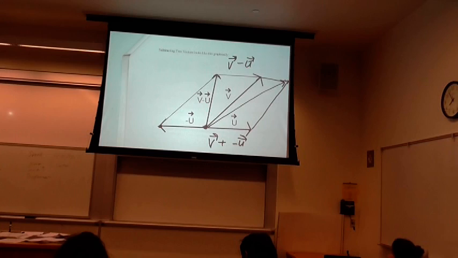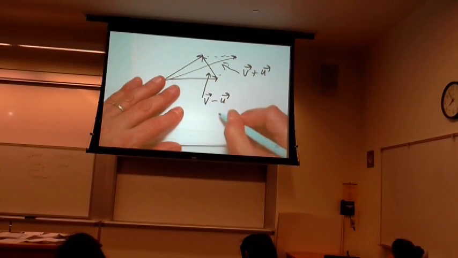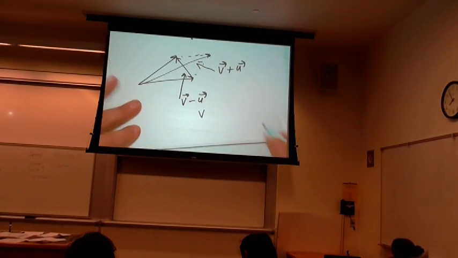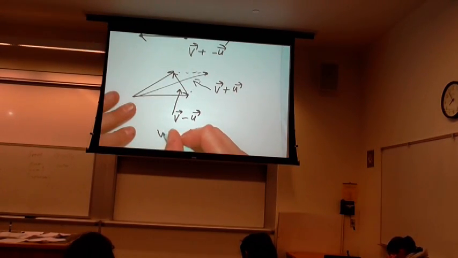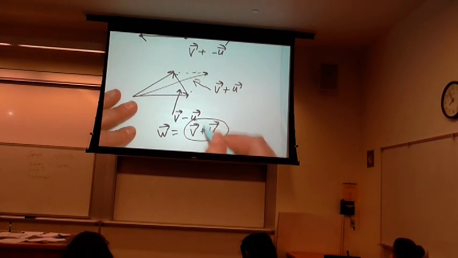I mean, let's say I want to give it a name. I'm going to give it a name w. So vector w equals vector v plus vector u. This notation here is saying the sum of these two vectors.